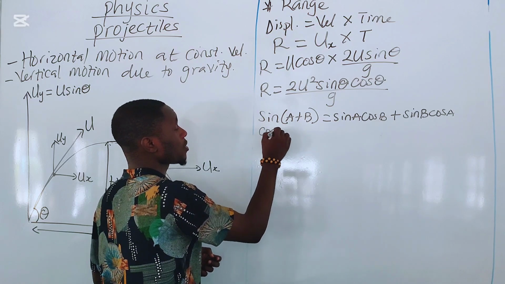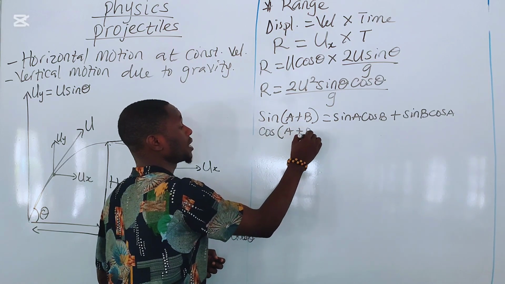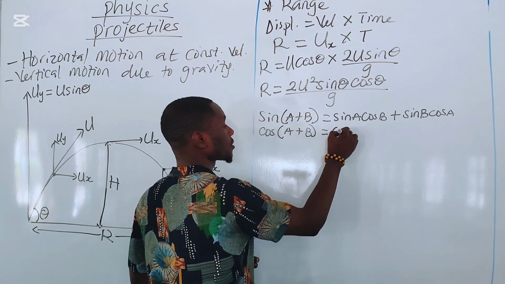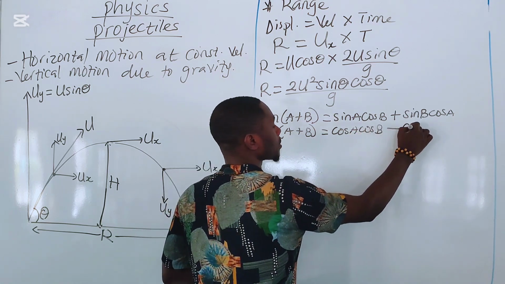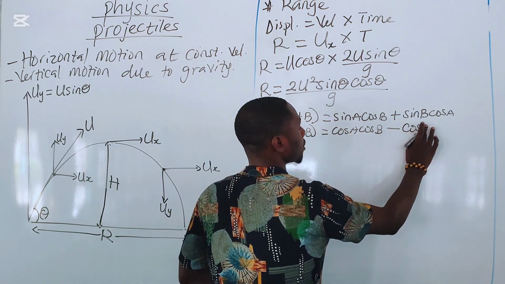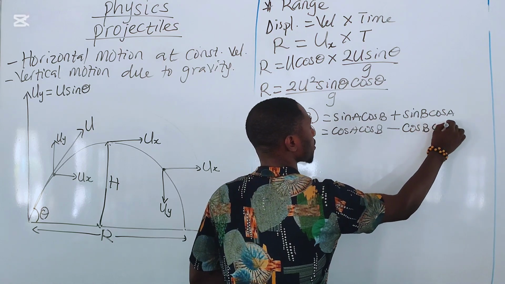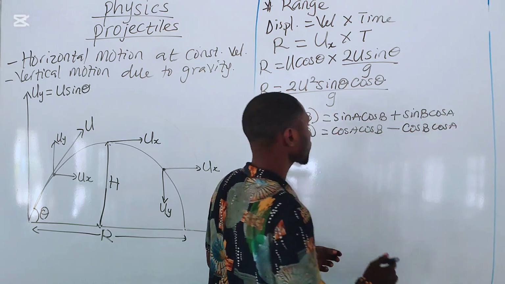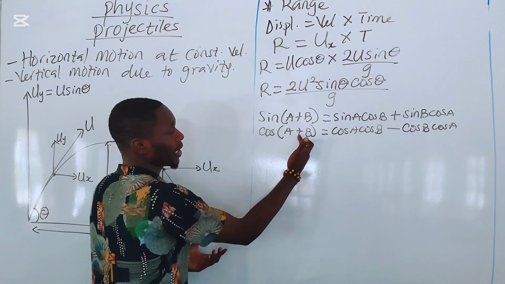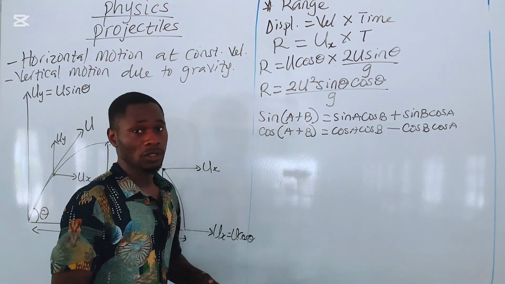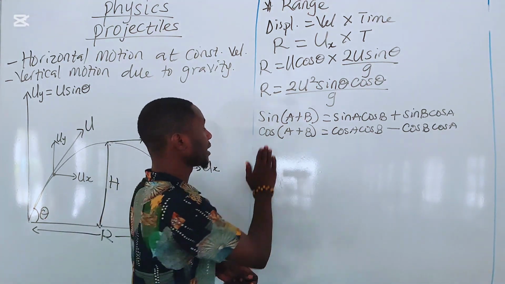Similarly, cos of a plus b is the same thing as cos a cos b minus sine a sine b. So if this place is a minus, then this becomes a plus. So that is the trigonometry identity.